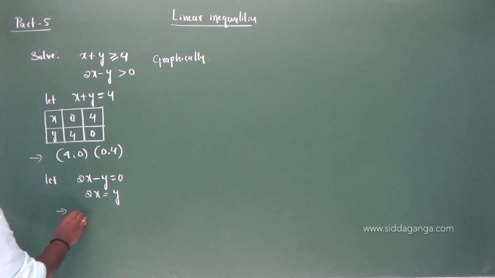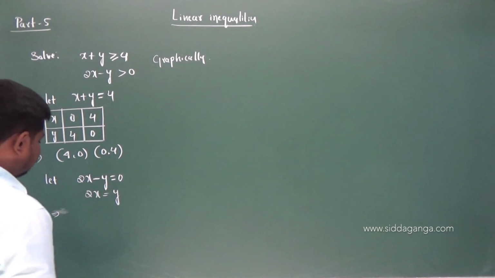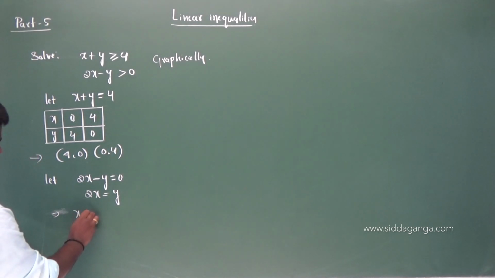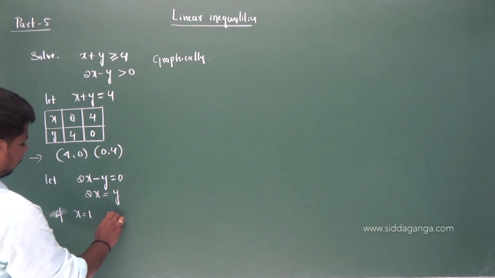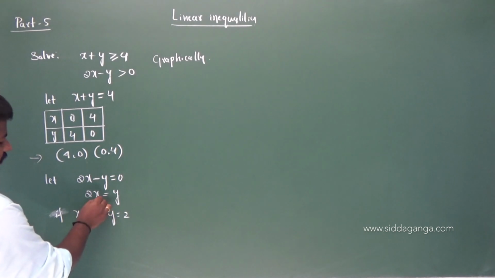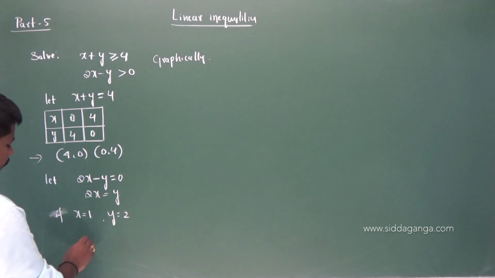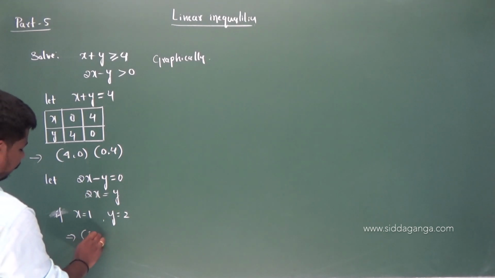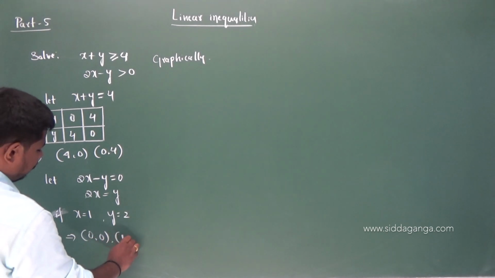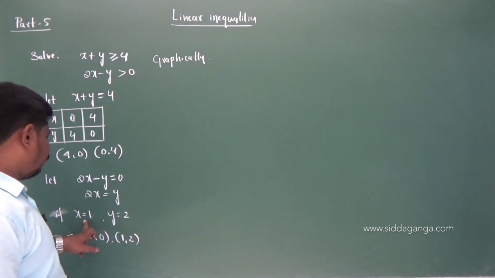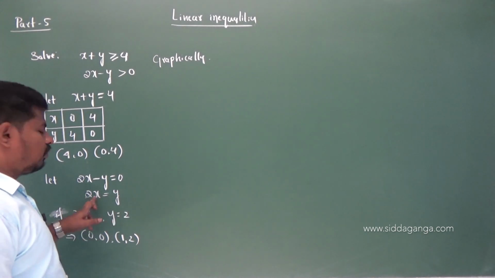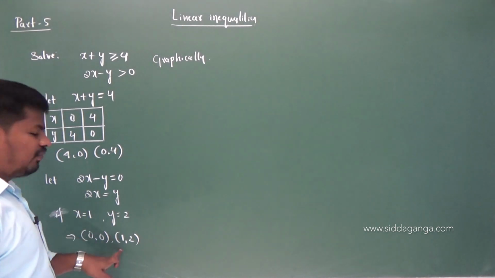The first point is 0 comma 0, and you take any value of x of your own. I am going to take x equal to 1. If x is 1, y becomes 2, since y is equal to 2 times 1. So the 2 points are 0 comma 0 and 1 comma 2. You can take any other point also. If x is 2, y becomes 4. If x is 3, y becomes 6.